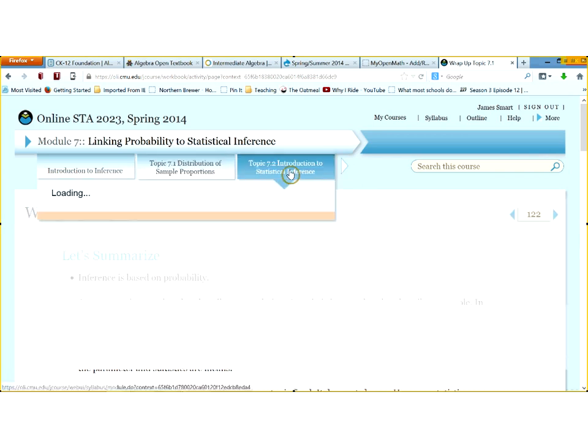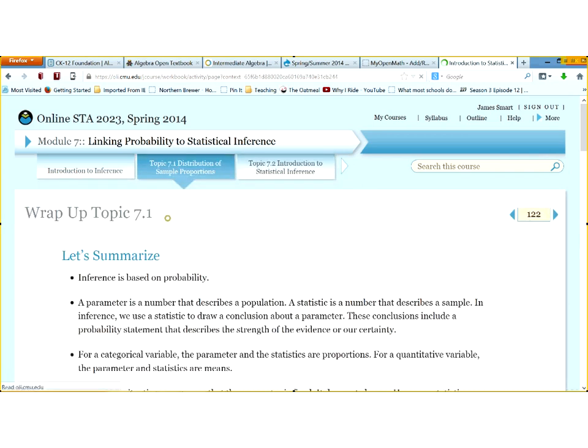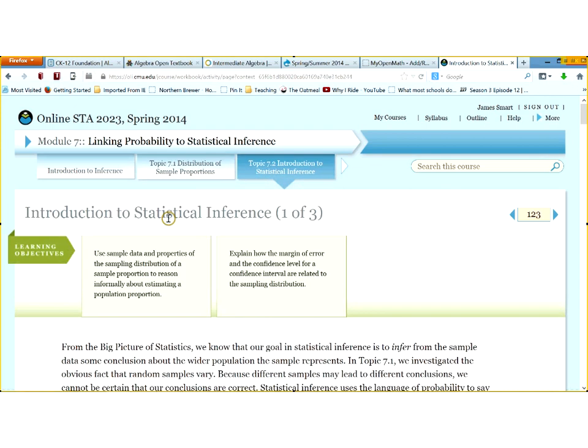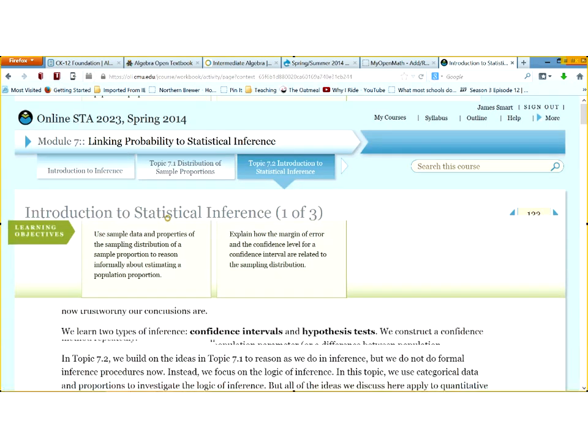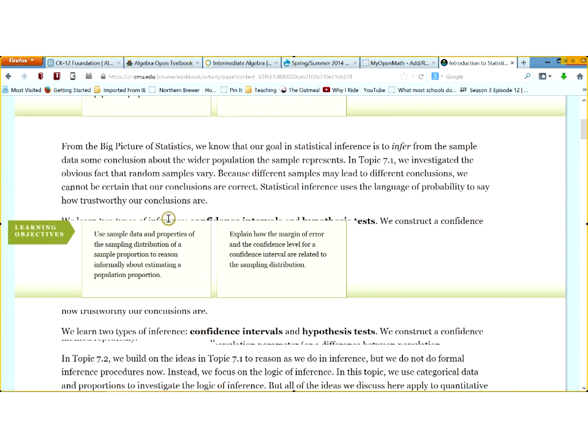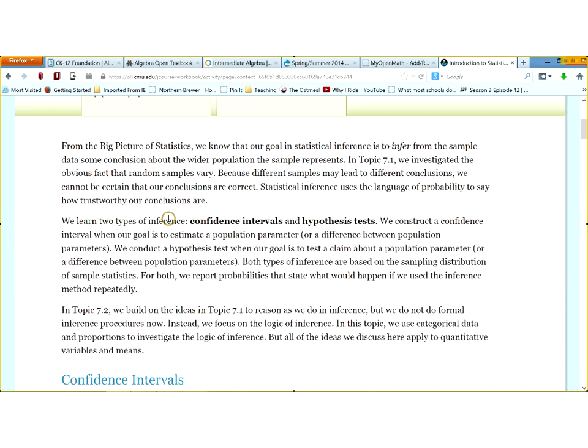Let's look at 7.2. Right. And 7.2 is really, I don't cover it on the quiz or test, but it's good because it is a preview of what's coming up. All right. We're going to look at 2 types of inference, confidence intervals and hypothesis tests. And we use a confidence interval here, as it says, to estimate a population parameter, like what is the population proportion or what is the population mean.